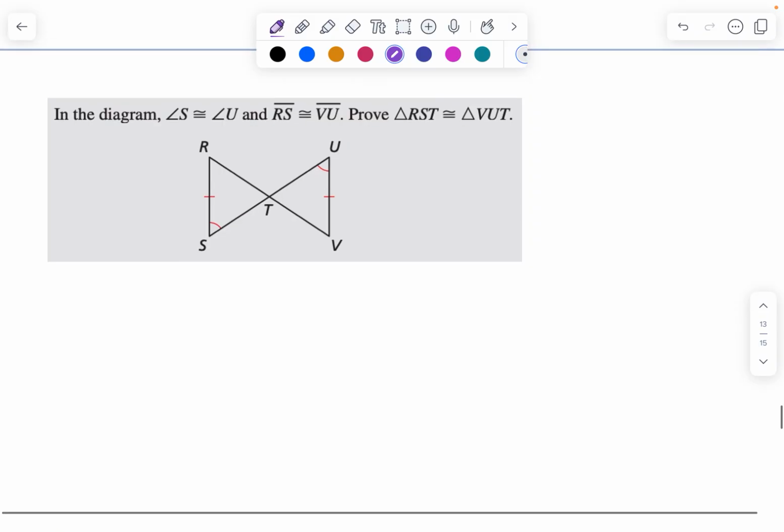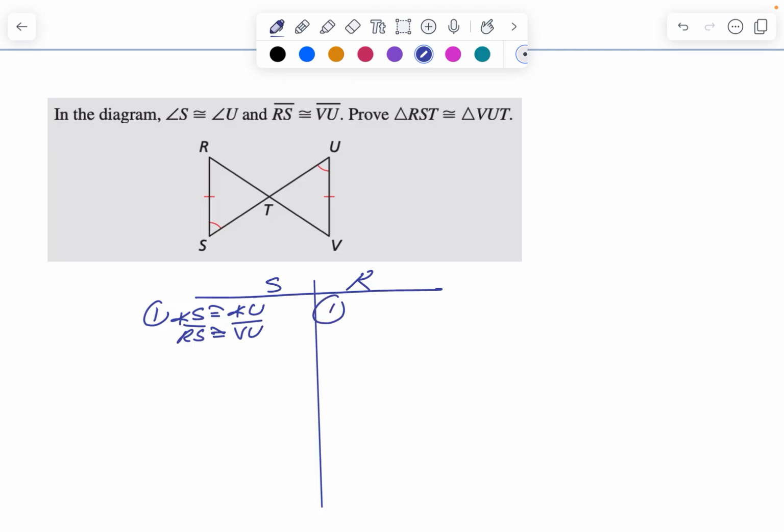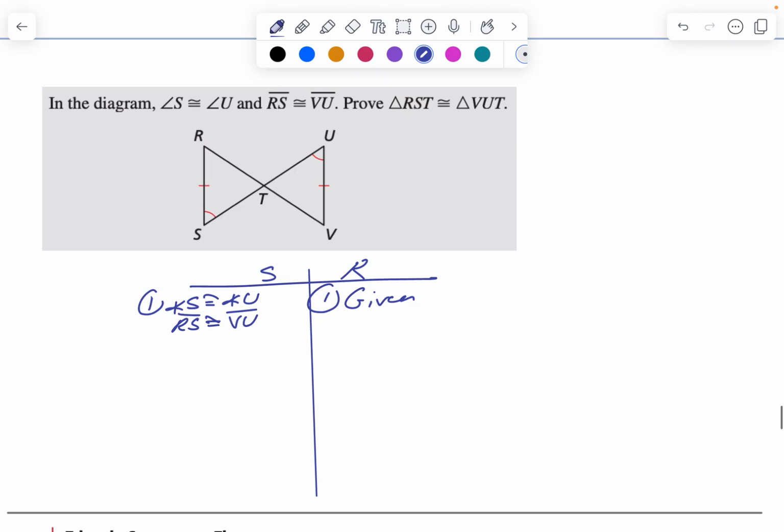All right, this one. We have angle S congruent to angle U. We have RS congruent to VU. And everything is marked in the picture. This one's actually not so bad, because notice we have vertical angles here.